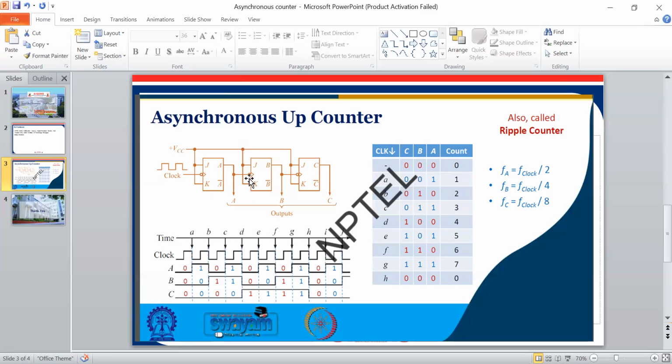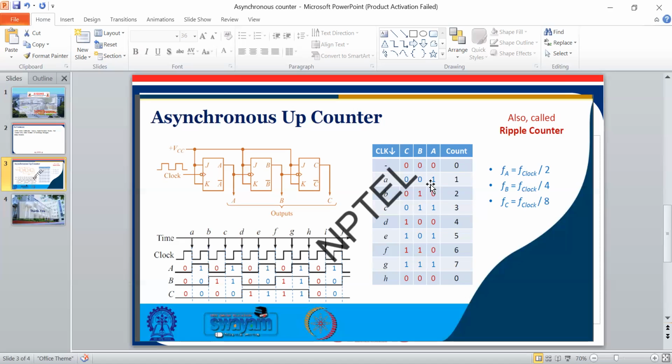In case of flip-flop B, its clock signal is nothing but output A. So whenever the negative edge of signal A will come, at that time the output of flip-flop B will toggle. Again, here with the help of this truth table, we can check.